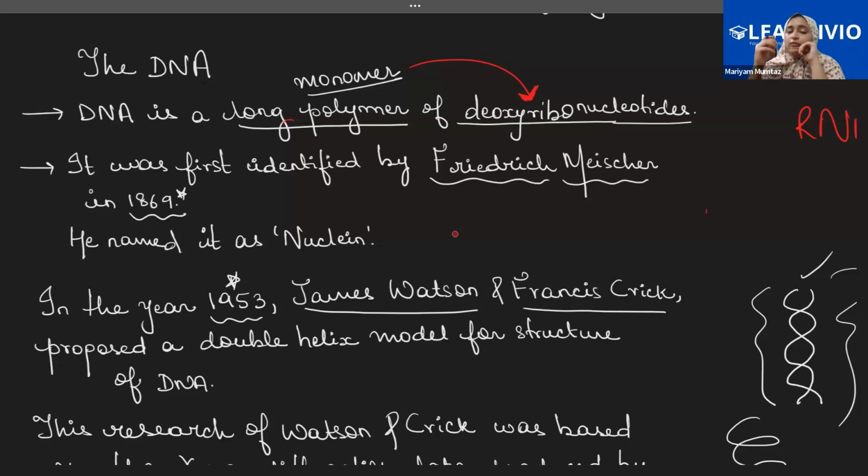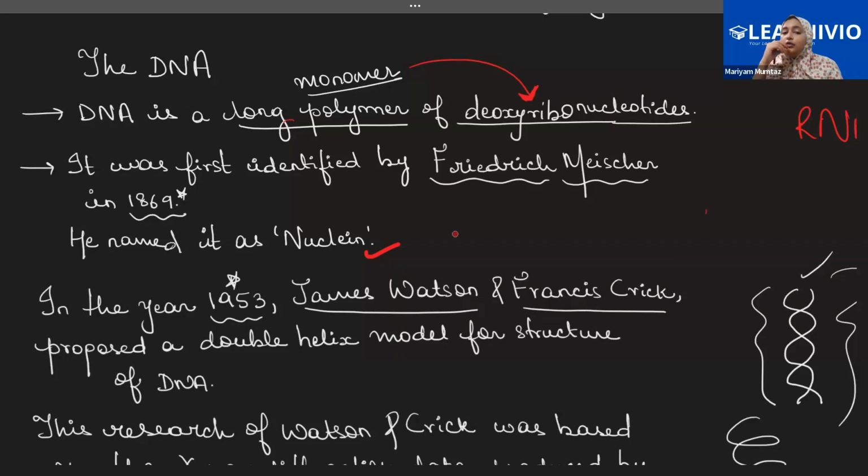This DNA was first identified by Friedrich Miescher in the year 1869. He was the one who identified the DNA, and he named it nuclein. He did not know what to name it at that point of time, so he named it nuclein.